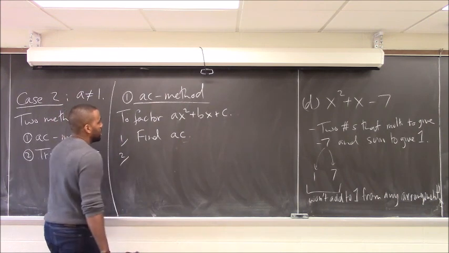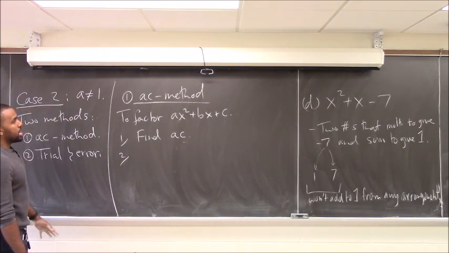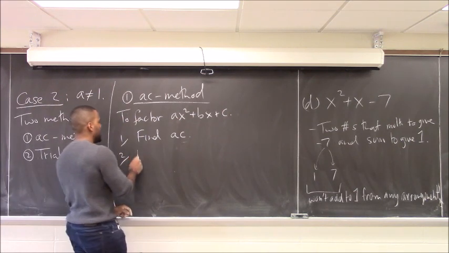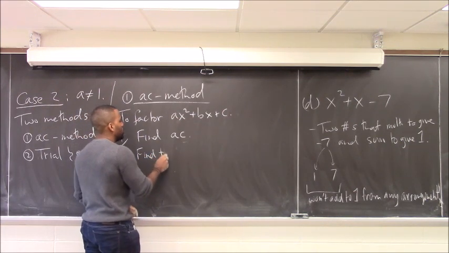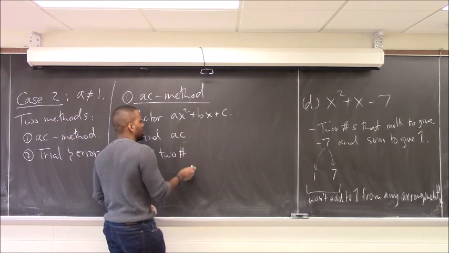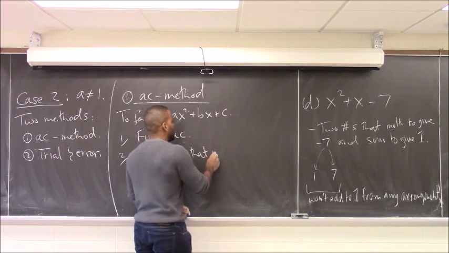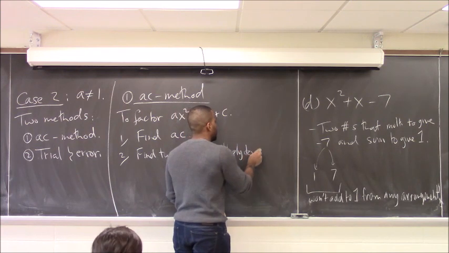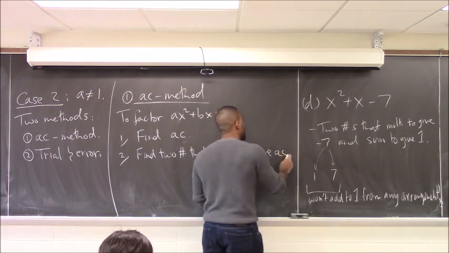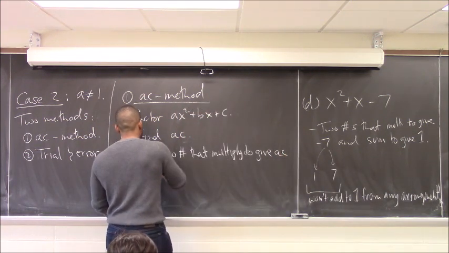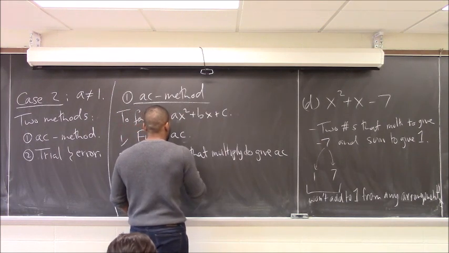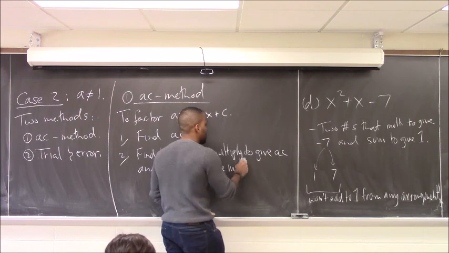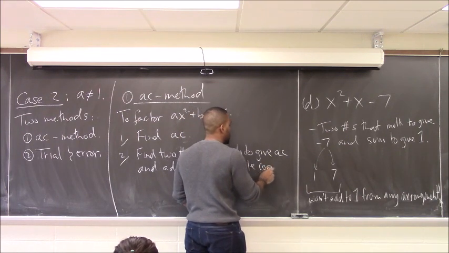Two, you're actually going to play a similar game now to the previous case. You want to find two numbers that multiply to give AC and add to give the middle term, the middle coefficient.